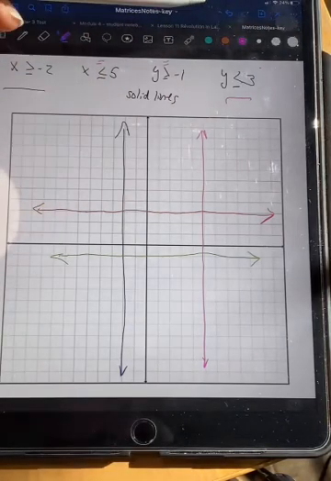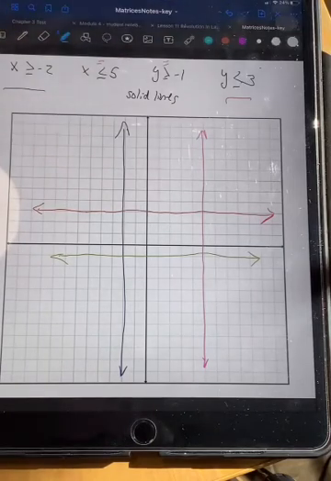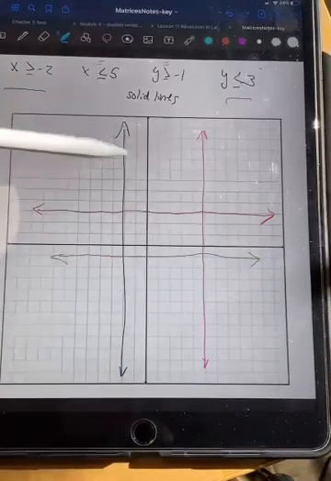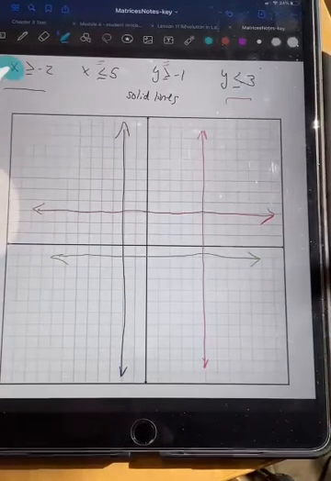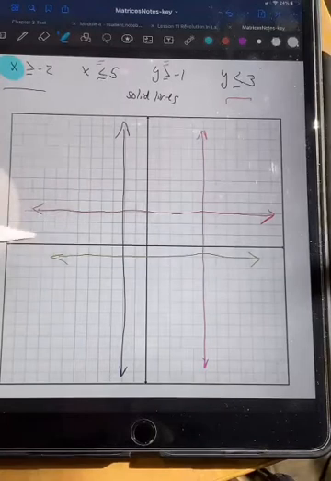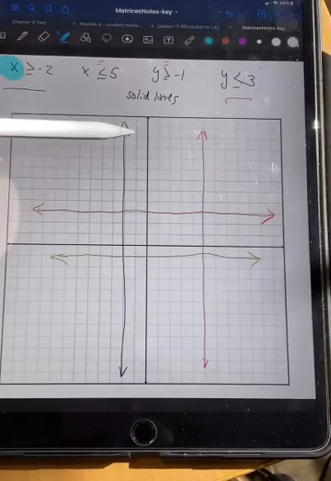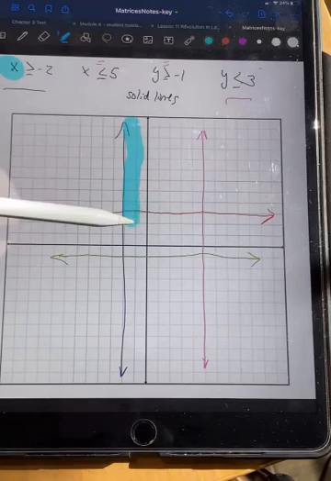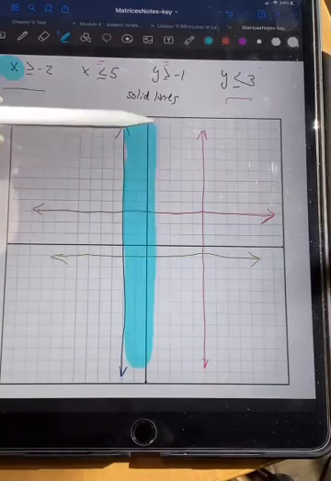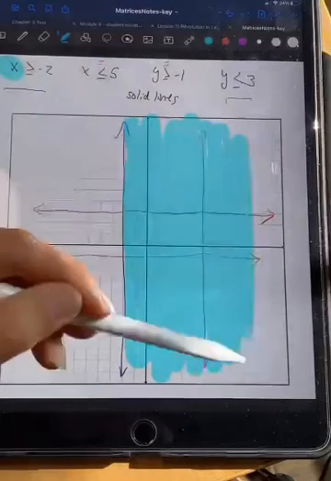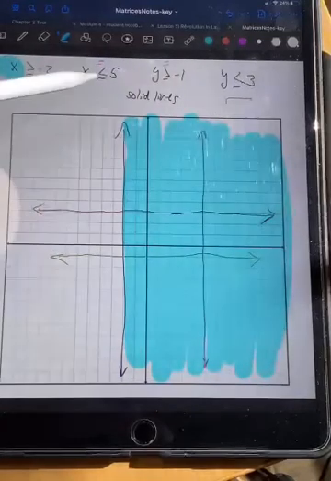So now we're going to go back and deal with the shading. So for the first one, x is greater than or equal to -2. So now I have x is equal to -2 right here. I am looking at x values. X values are horizontal, so I'm going to all of the ones that are greater than -2, so towards the positive side of -2, and I'm going to shade that whole section and just keep going, right?